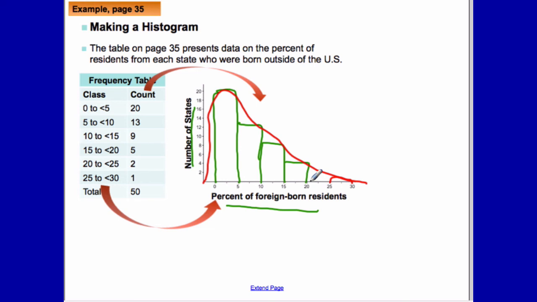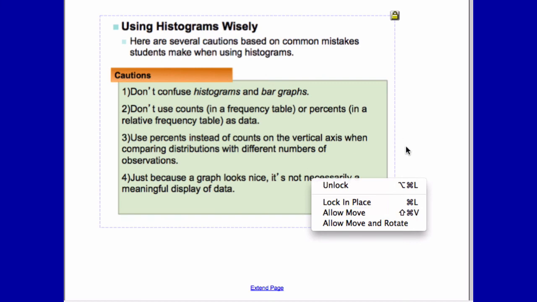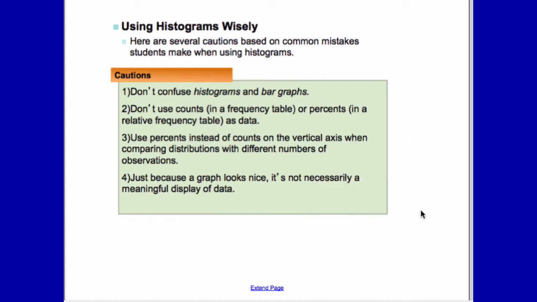Most of us see histograms in the newspapers or in other classes that we've taken. Just make sure that you use histograms wisely. A couple of notes here are cautions. Don't confuse histograms with bar graphs. We talked about that. Don't use counts in a frequency table or percents in a relative frequency table as data.